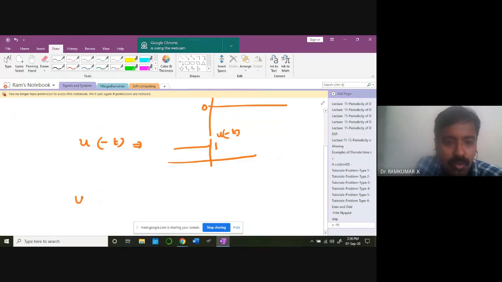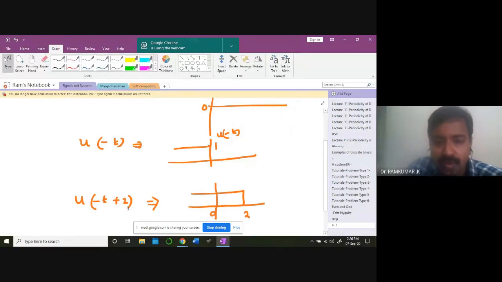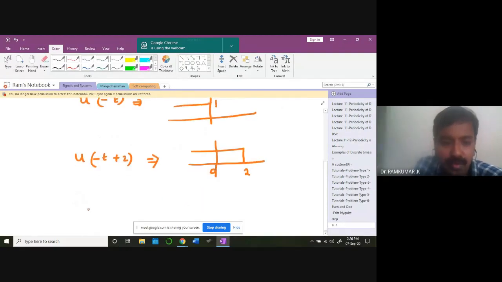Then u of minus t plus 2, you can clearly see the waveform is going to be the same shape like this.